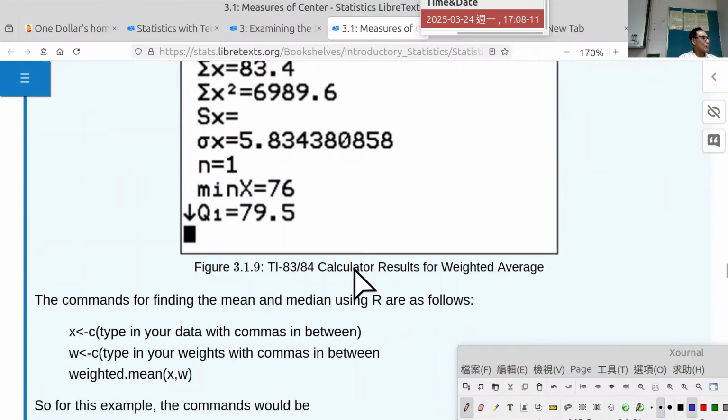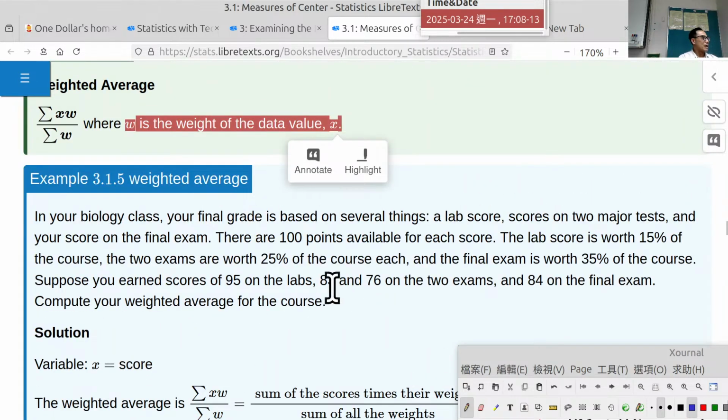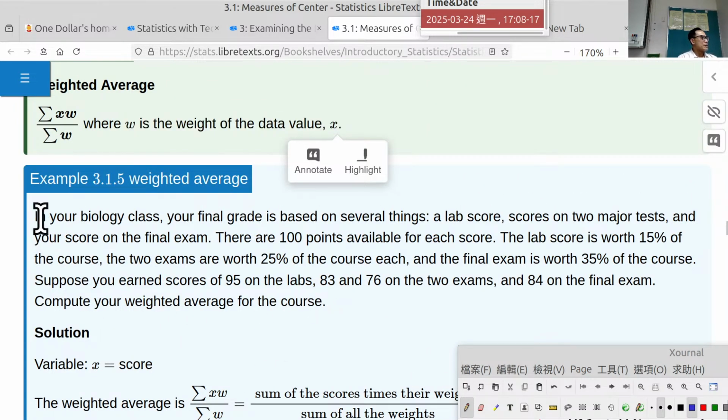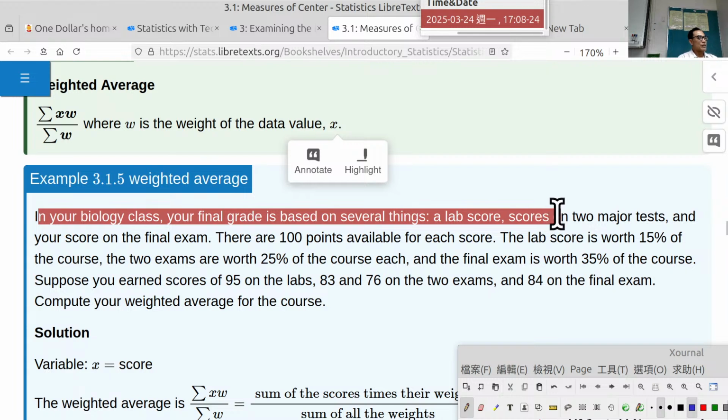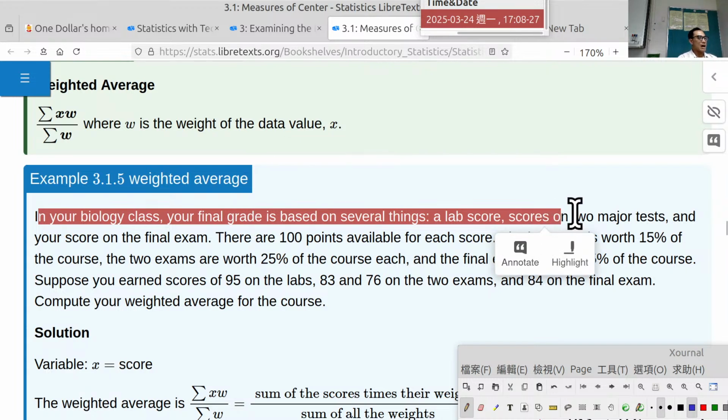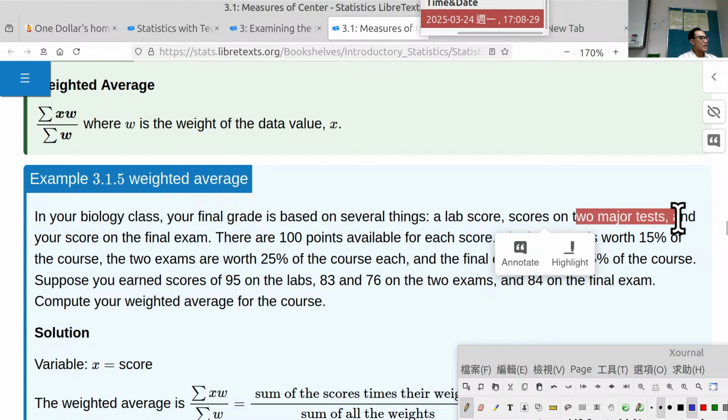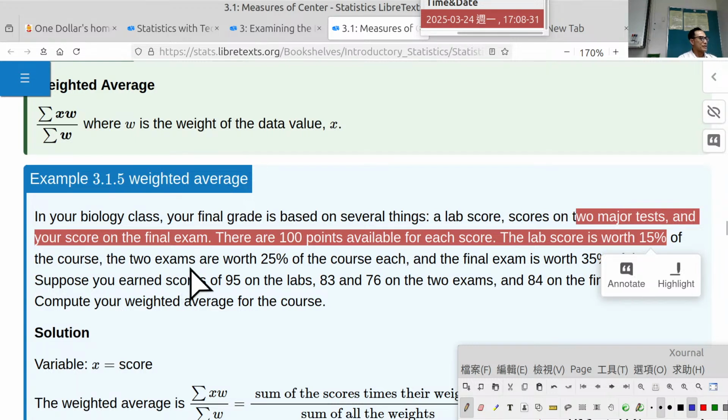Okay, maybe we can have one example. Example 3.1.5, weighted average. In your biology class, your final grade is based on several things: your lab scores, your scores on 2 major tests, and your score on the final exam. There are 100 points available for each score, and the lab score is worth 15% of the course.